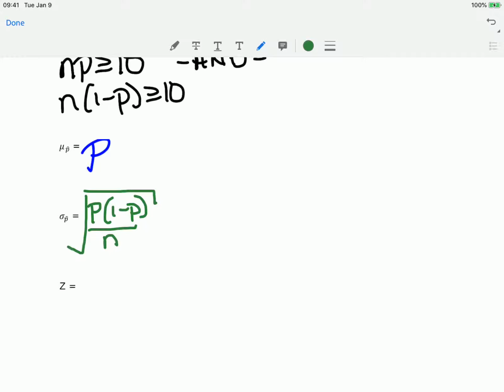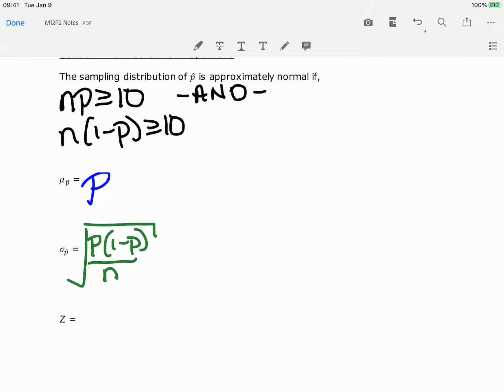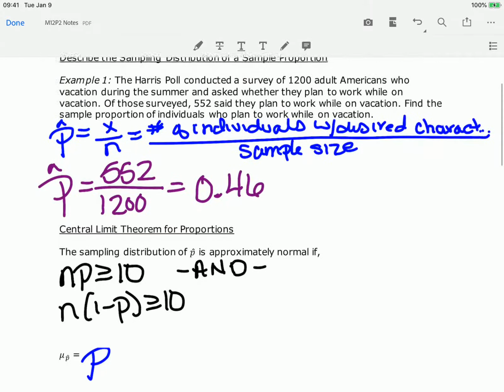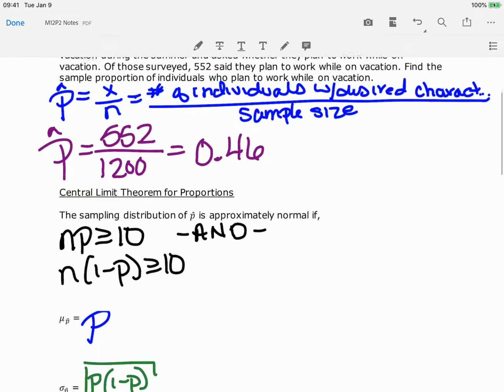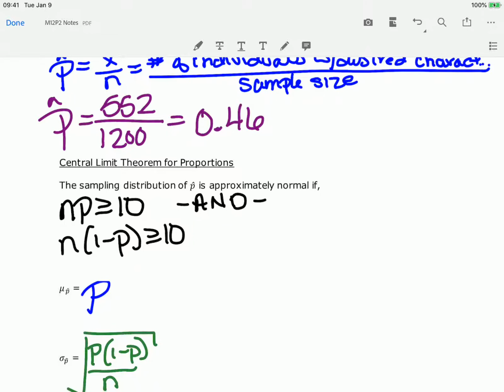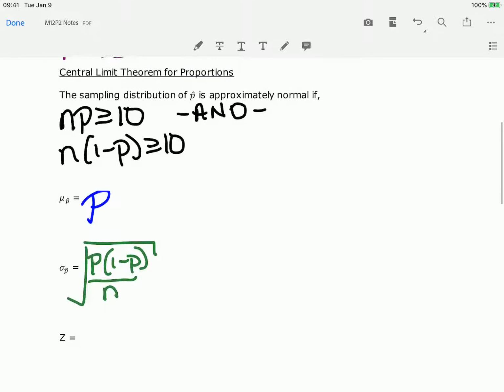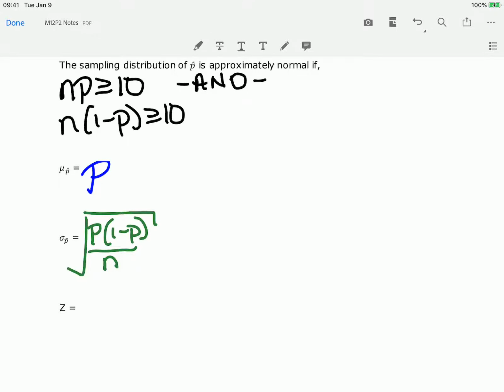Notice everything I've done so far is with p, not with p hat. There are p's in the standard deviation formula. Nothing is involving p hat yet. We looked at how to calculate p hat up here, but we haven't actually used it yet. We're only going to use p hat when it comes to our z-score. Everything else is using the population proportion p.